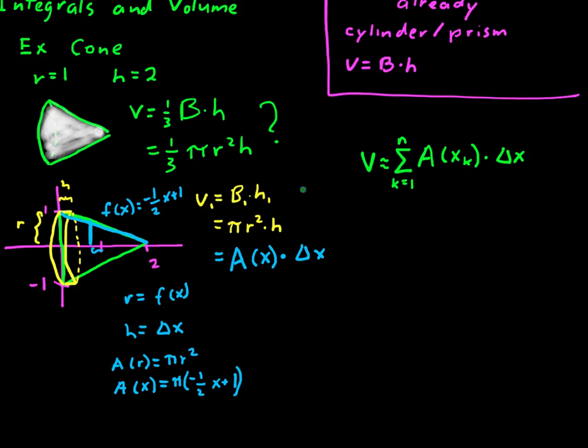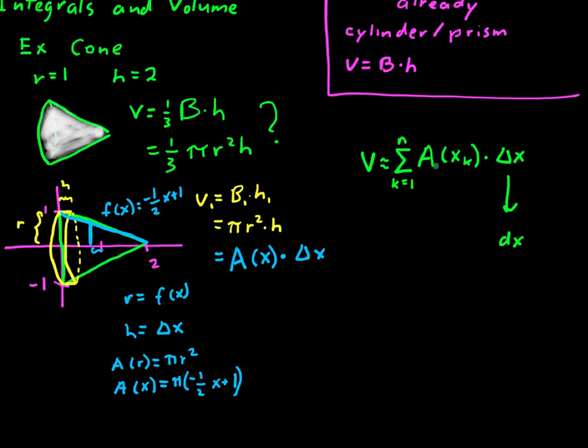But the more I pull in, the better my approximation becomes, and I can do that by taking the limit as n goes off to infinity, so getting bigger and bigger. But the more and more n's, the smaller and smaller my change in x becomes, until it becomes the infinitesimal dx. So this is still representing the height of each cylinder, it's just so small it's practically zero.